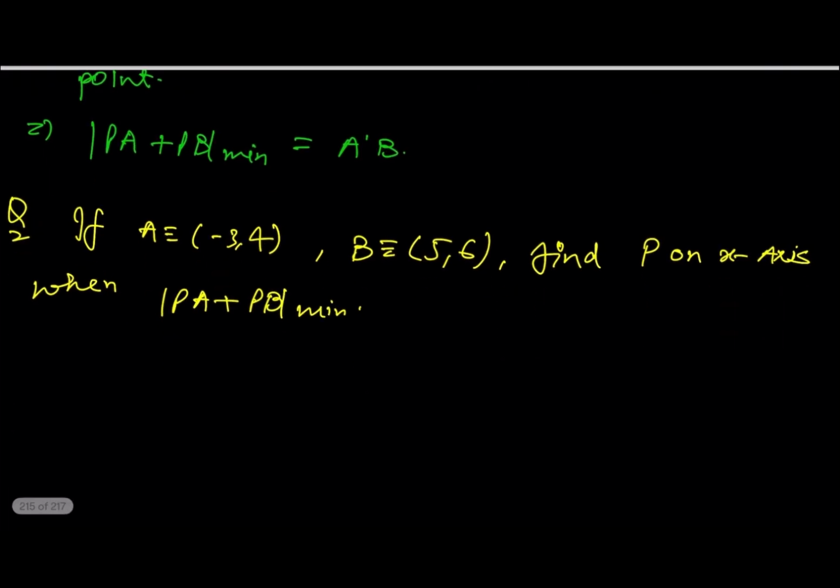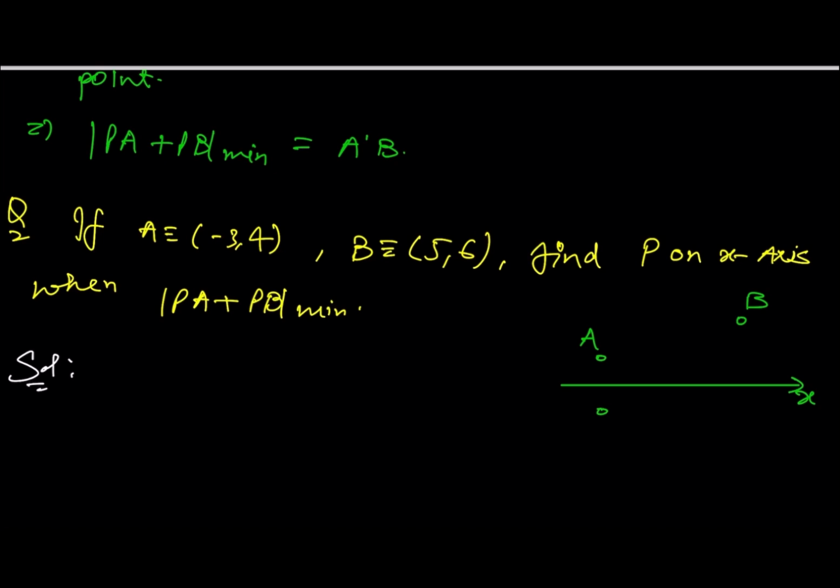Okay. In this case, you can skip mod because the quantity is always non-negative. Now I have to find a point on x-axis so that PA plus PB will be minimum.